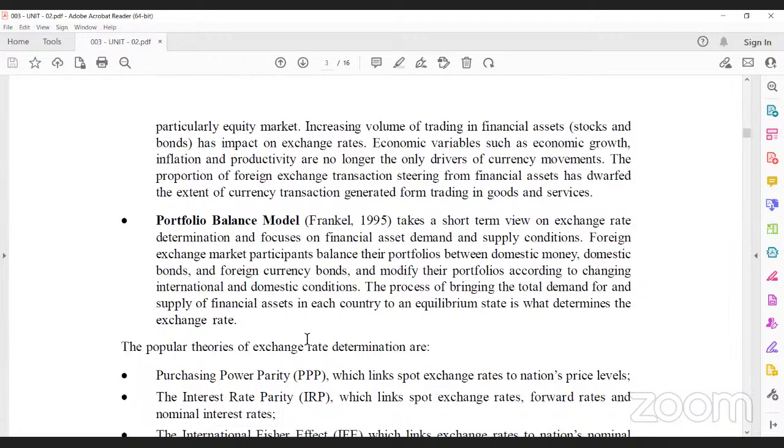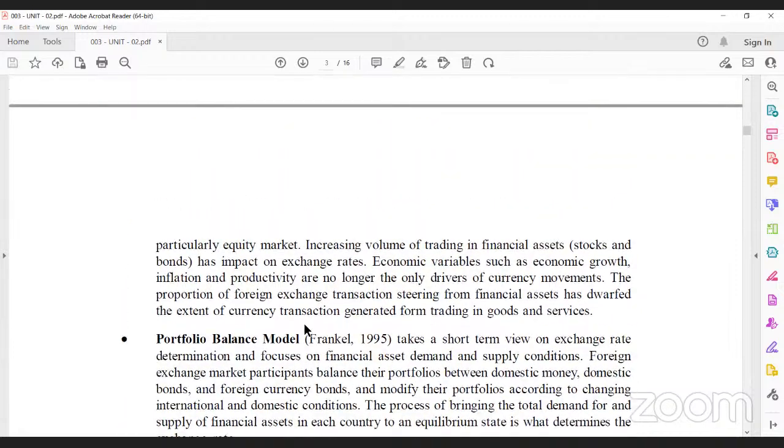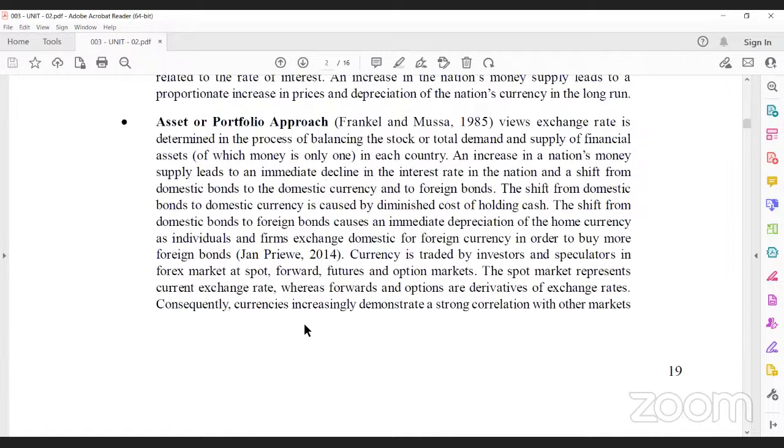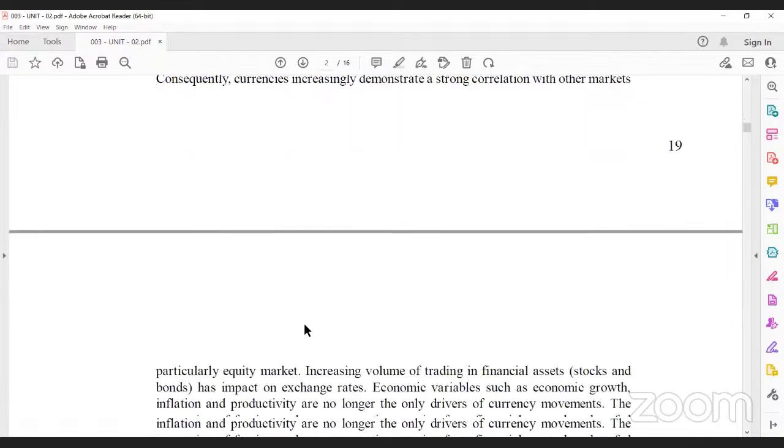The proportion of foreign exchange transactions from financial assets has dwarfed the extent of currency transactions generated from trading, that is, movement of goods and services. So this model is purely based upon the trade in financial assets, which we call the asset approach or portfolio approach.